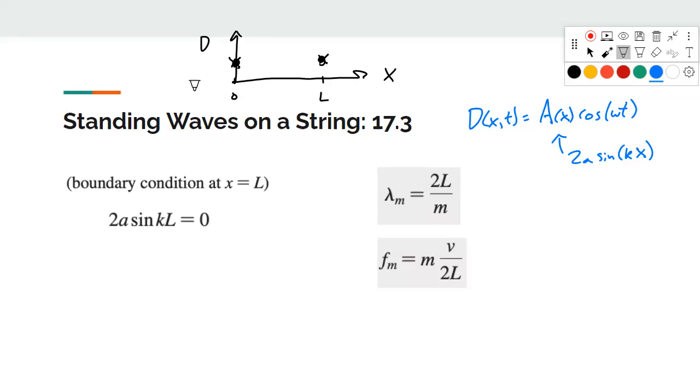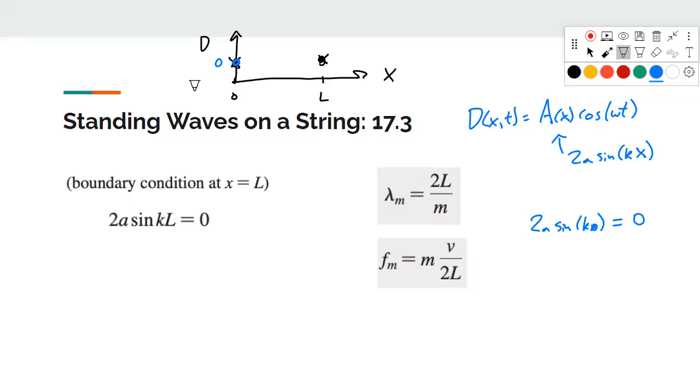If we want to figure out what these standing waves look like based on the boundary conditions I described, where we fix the left end and we fix the right end, first we say that 2A sine kx has to equal 0 if x is 0. There's no displacement at the position where x is 0, because that is a fixed end.